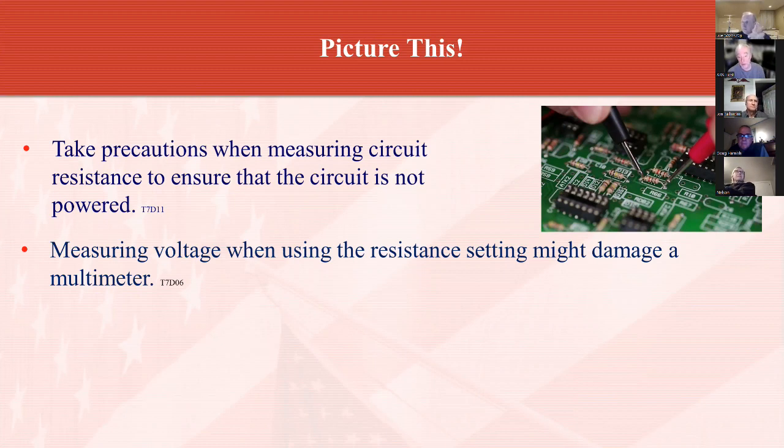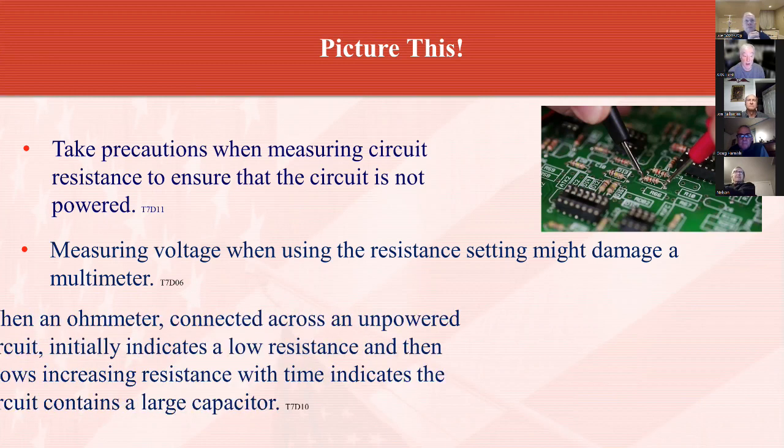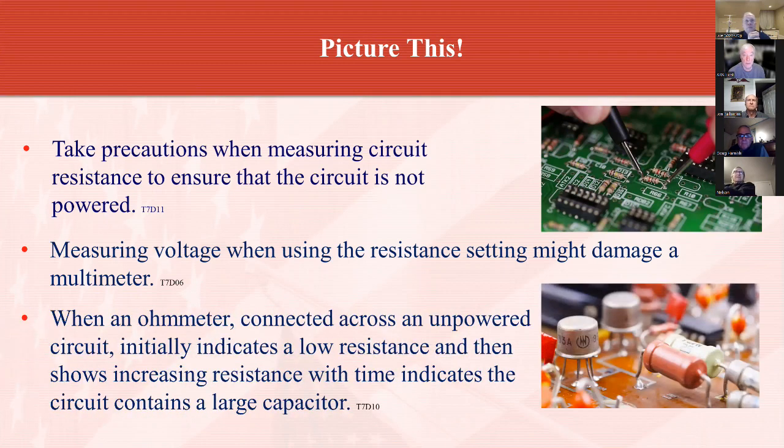Measuring voltage when using the resistance setting might damage a multimeter. Okay, just remember that. I don't have a good example to bring that back to. Maybe Joe or Nelson might be able to. Well, the way that a multimeter works to measure resistance is it applies a small amount of voltage across the device.